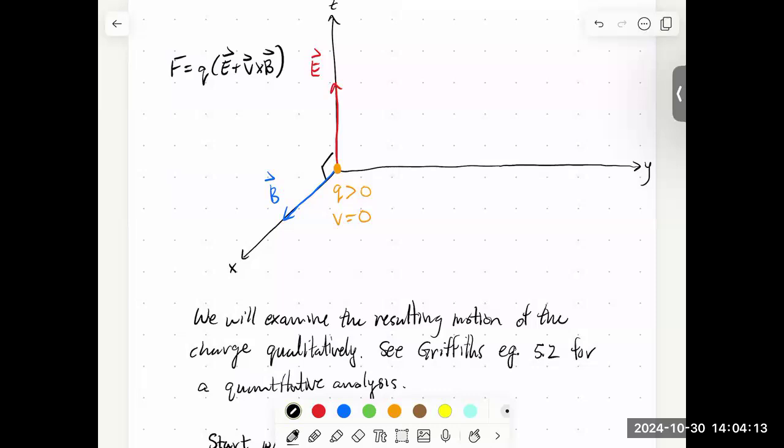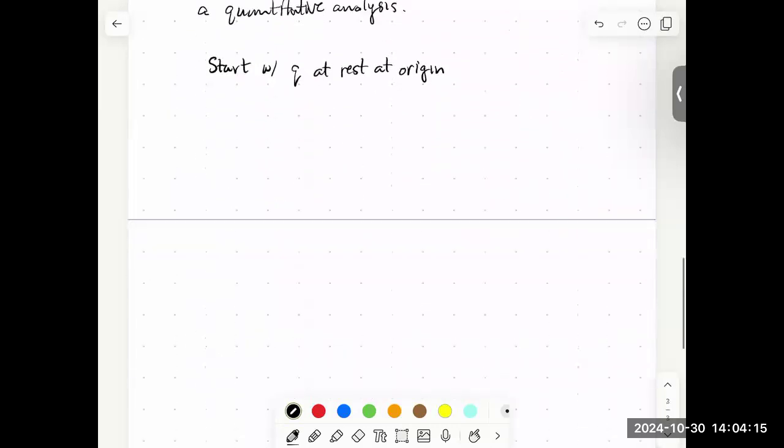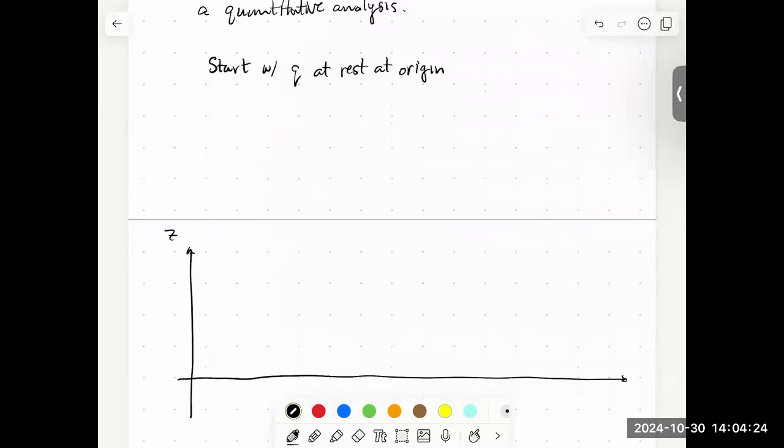So I'm going to draw this again, but I'm going to make it a little bit bigger, and I'm going to draw just the X, Y plane. So here's our Y-axis. We have a magnetic field that's coming out of the screen, and so I'll draw it like so. And then we have our electric field going up the Z-axis. Okay, and we start with our charge sitting at the origin at rest.